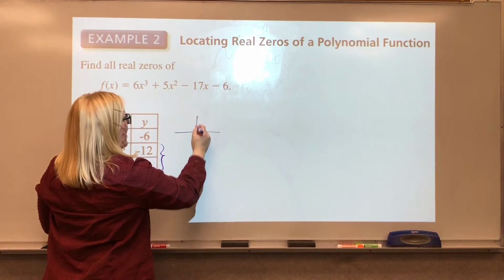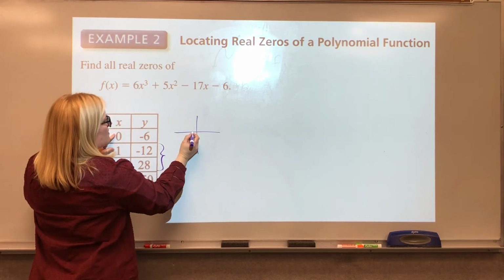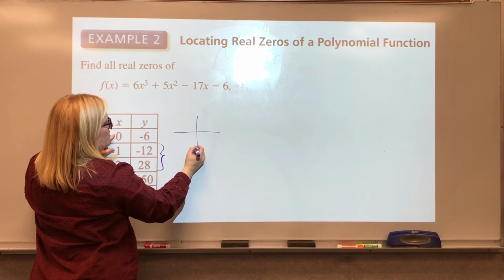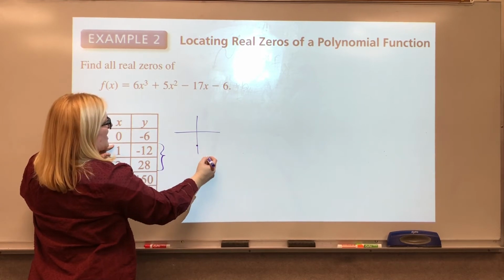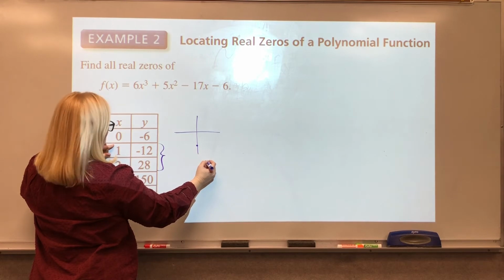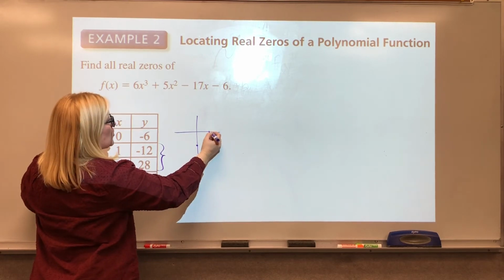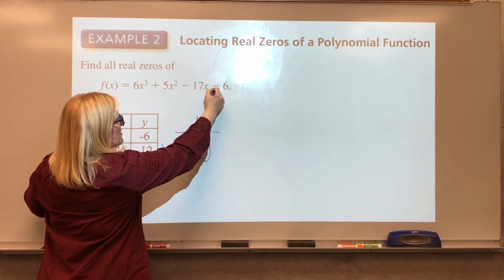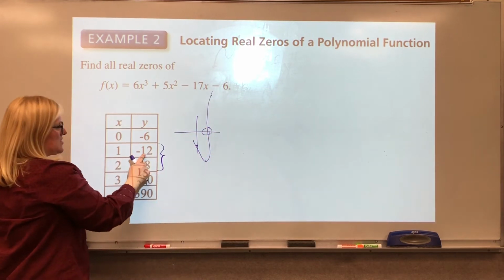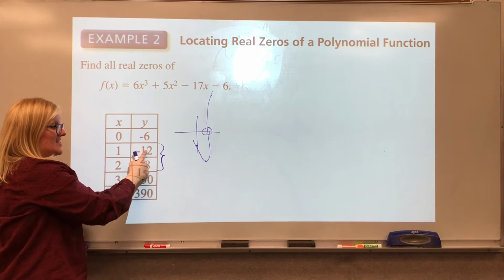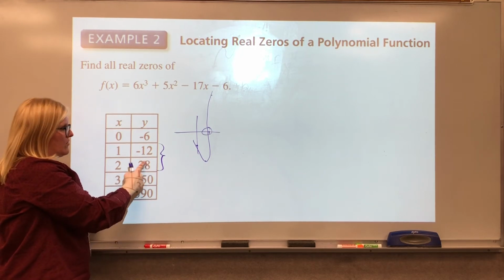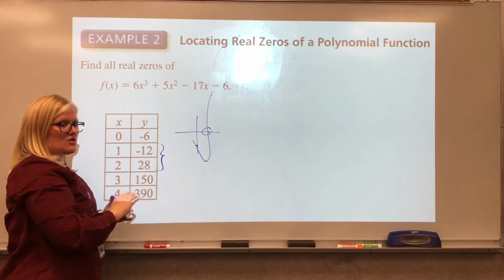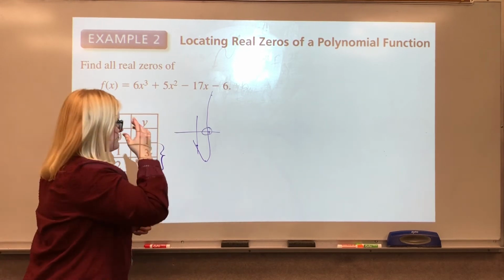If we were to graph this, 0, negative 6 is like, say, down here. 1 is negative 12, which is like clear down here. But 2 is clear up here. So this is going somehow like this. So the 0 is between negative 12 and 28, because negative 12 has to go through 0 to get to 28. The line has to go through there. That's what I meant to say.